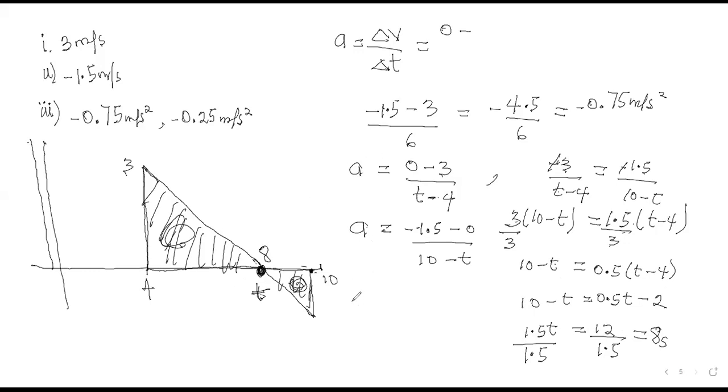If T is 8 seconds, then when I use any of the two accelerations, a is equal to minus 3 over 8 minus 4 is 4. What is 3 divided by 4? 0.75. So the value is the same.